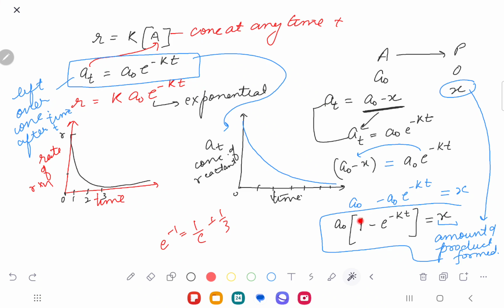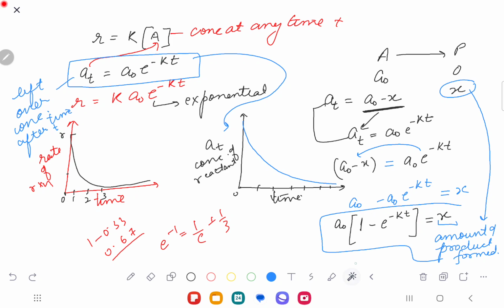So 1 minus 1 over 3 would give you x. 1 over 3 is 0.33, so approximately you get 0.67. You understand? Then what happens?